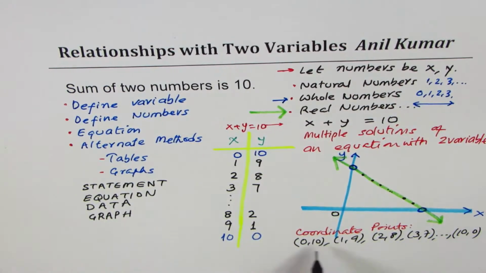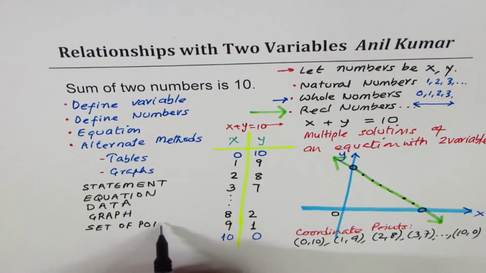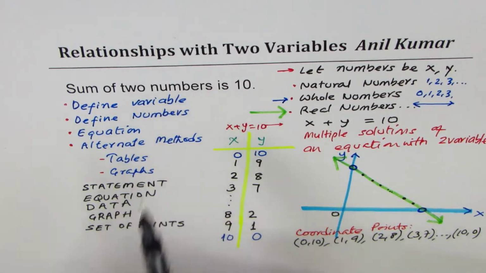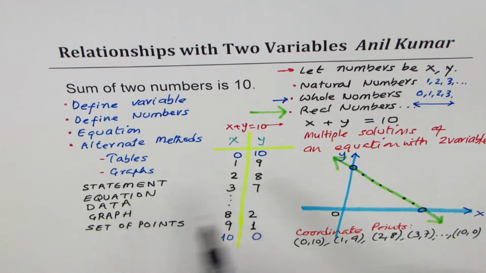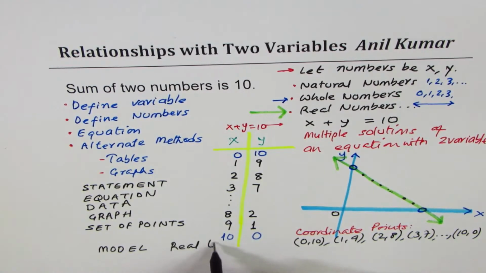And this is called a set of points. So there are many ways in which a situation can be described. And all this we'll talk about as modeling with linear equations. As this equation is a linear equation, we'll term all this to model a real life situation.